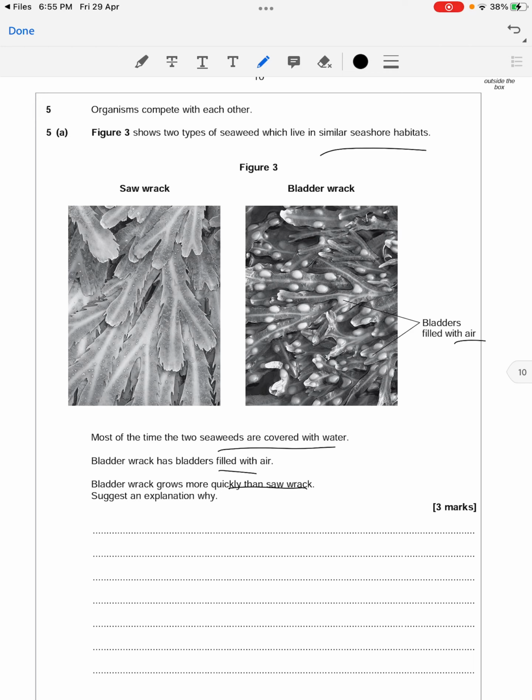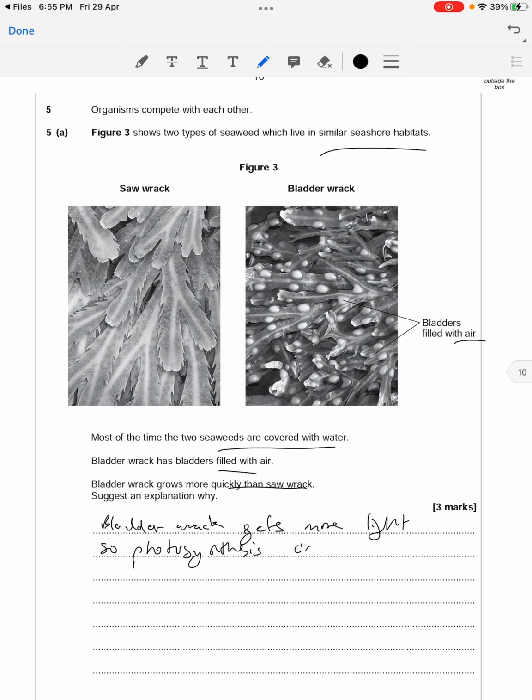So basically this air just gives an assumption that they need more light or they need oxygen to survive. So you can say that the bladder wrack gets more light, right? So photosynthesis occurs faster.